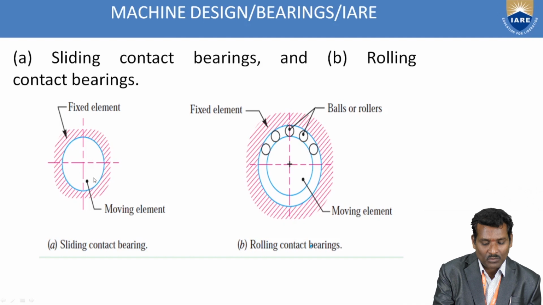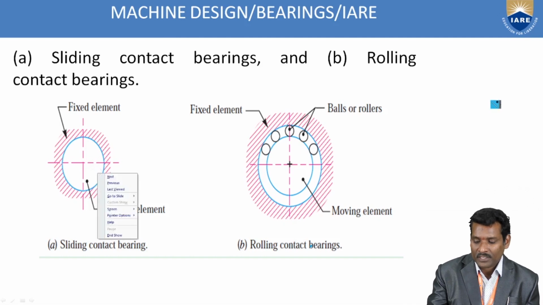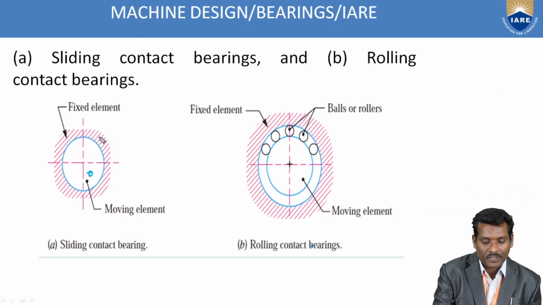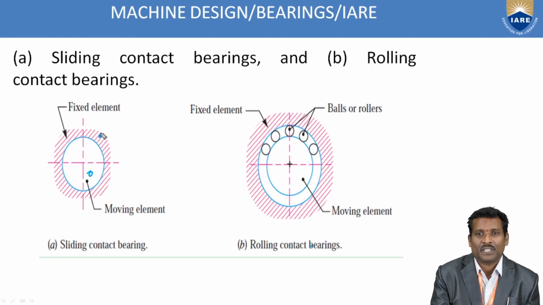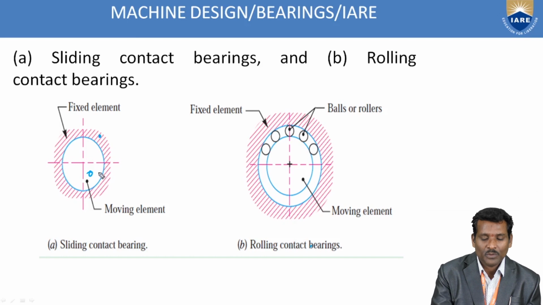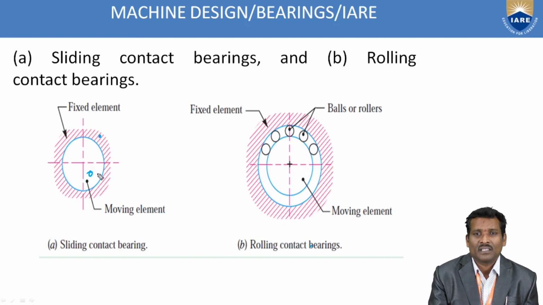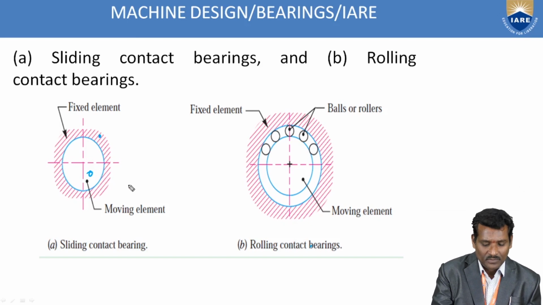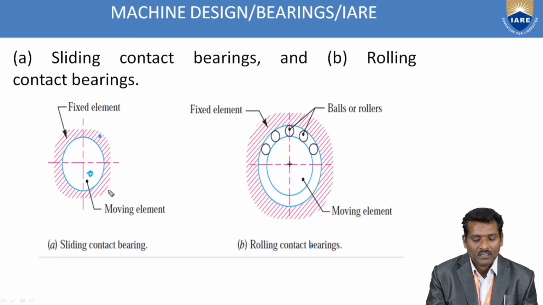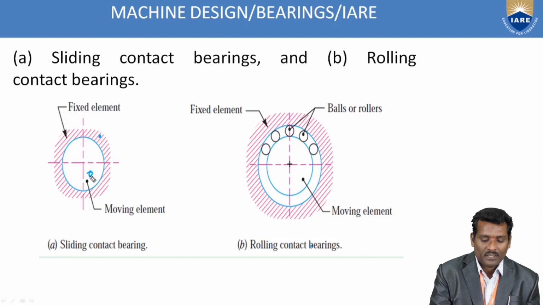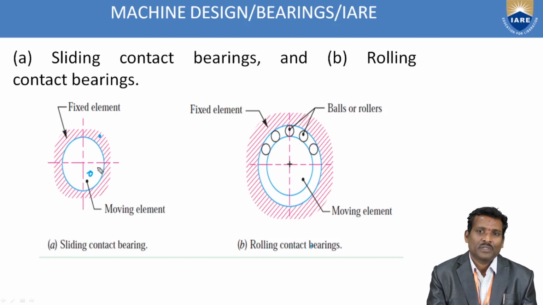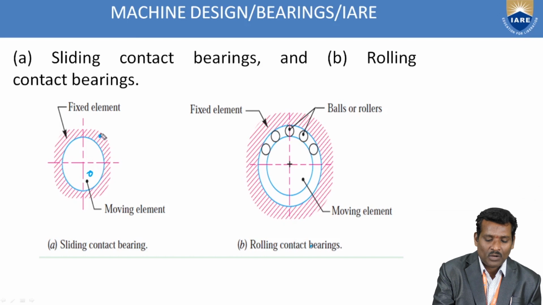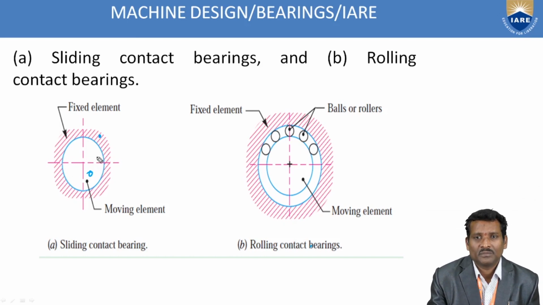Here one is a moving element and another is a fixed element. This is a bearing housing, the fixed element. The moving element we can call the journal or shaft.